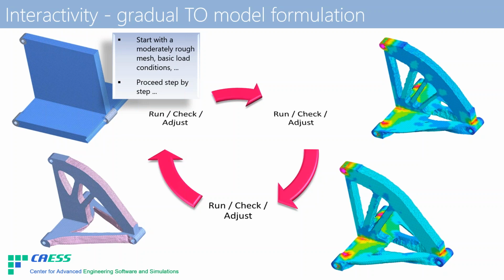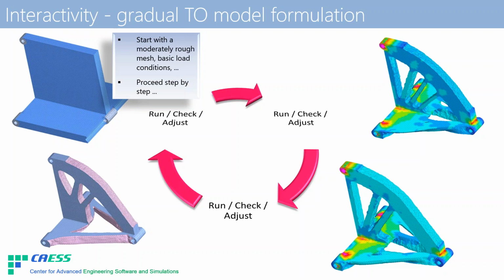I have to say that in this way, it is extremely difficult to get a really good design, because although topology optimization is theoretically rather simple, it is actually amazing how tricky this gets in a real-life environment.